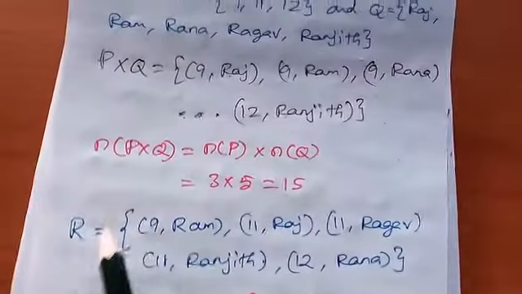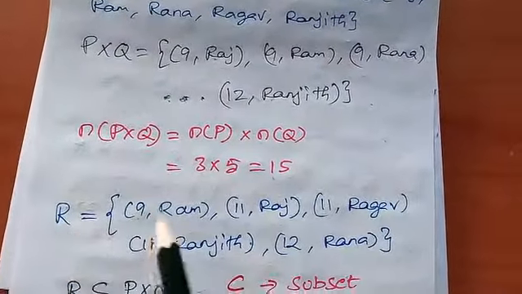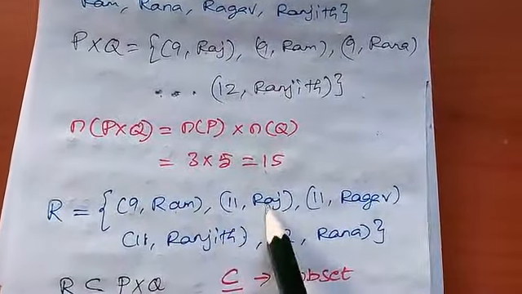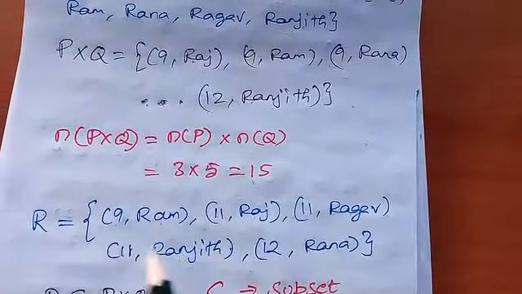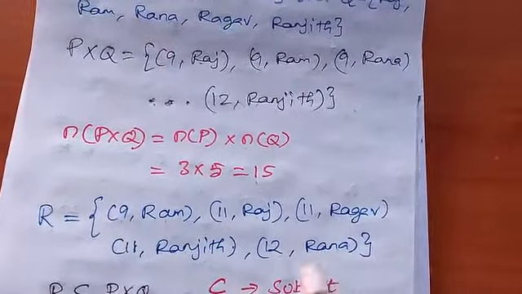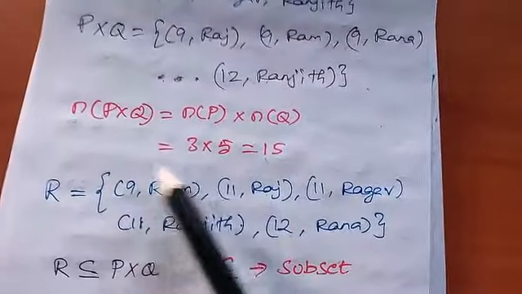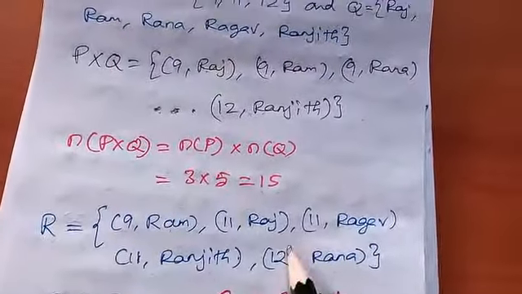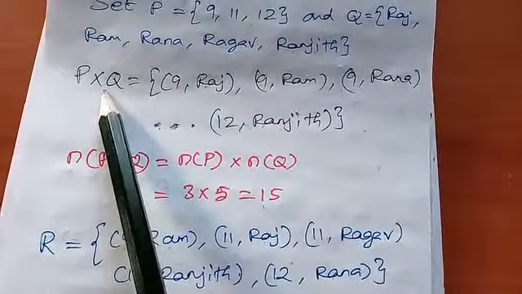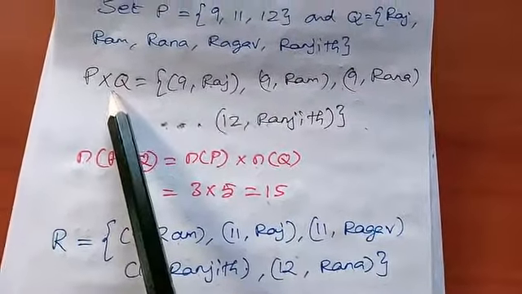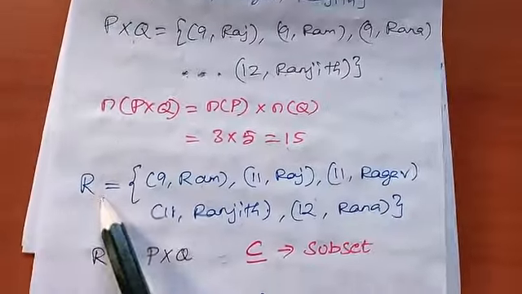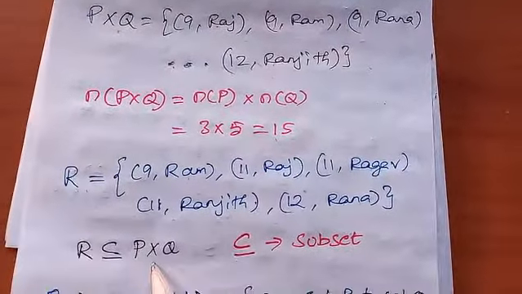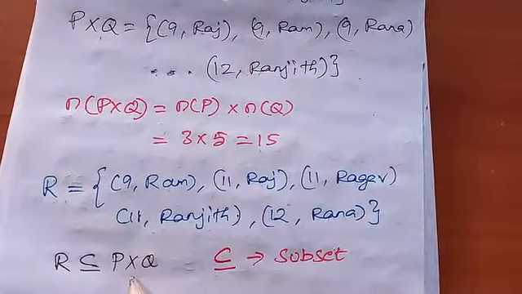In that, the relation R we are taking is (9, Ram), (11, Raj), (11, Raghav), (11, Ranjit), (12, Rana). So here you see, only 5 ordered pairs are taken from this Cartesian product P cross Q. So R is a subset of P cross Q. Do you agree?